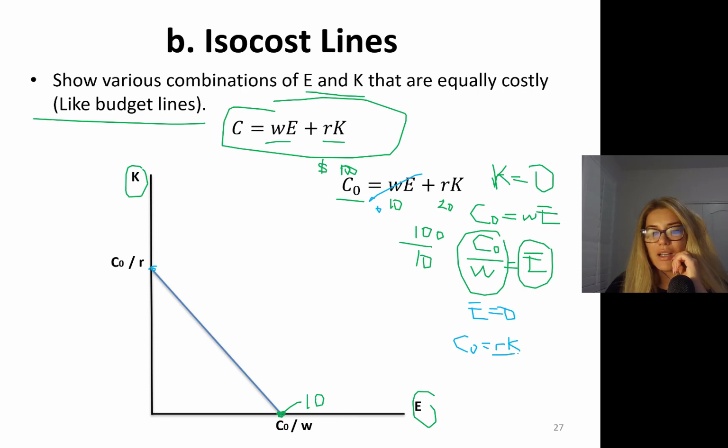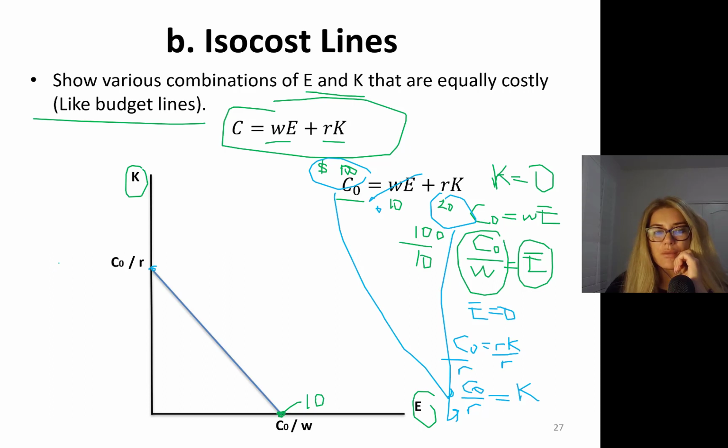Divide everything by R. The maximum level of capital you can hire is total cost divided by R. So if total cost is 100 divided by 20, you're going to get 5, the maximum capital you can hire.